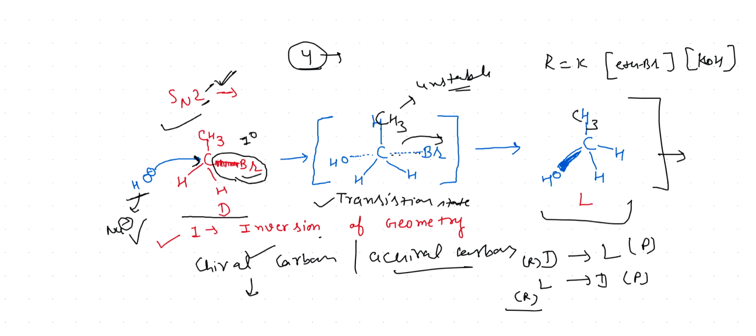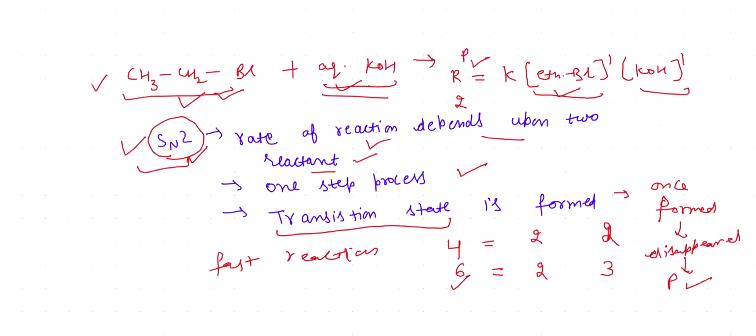Clear? So this was about the SN2 mechanism. Previously we have written: rate of reaction depends upon 2 reactants, 1-step process, and transition state is formed. These all are the features of the SN2 mechanism.